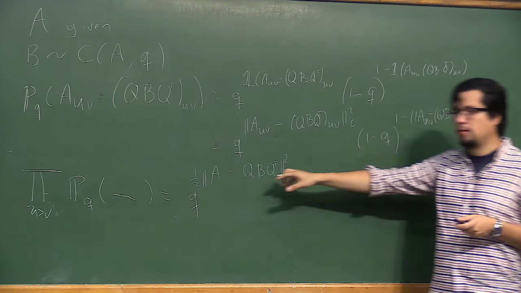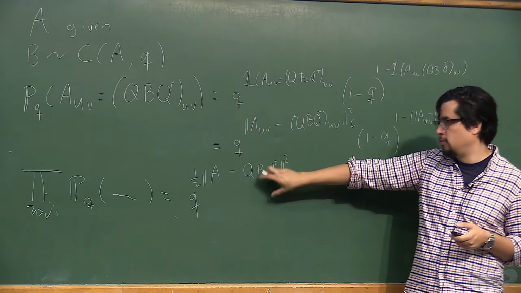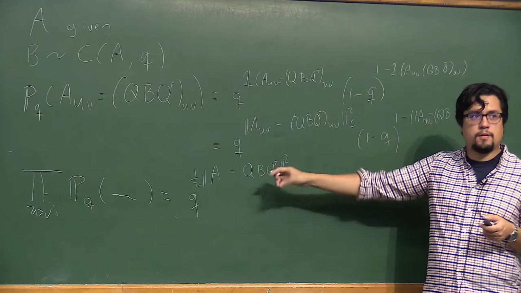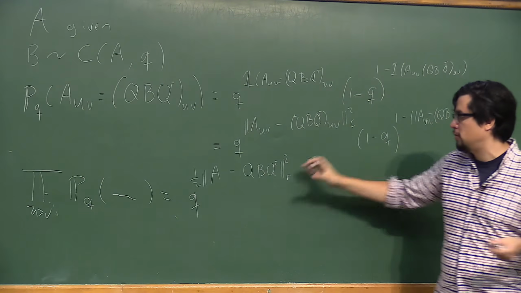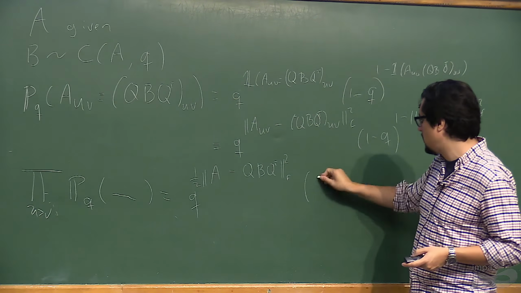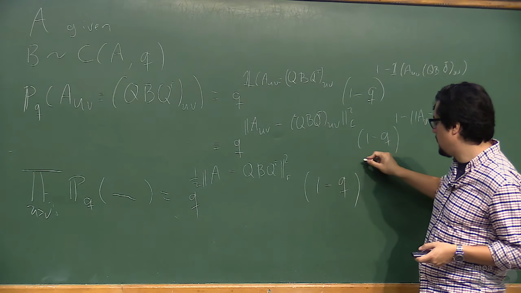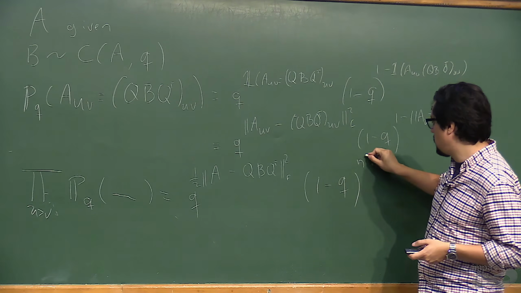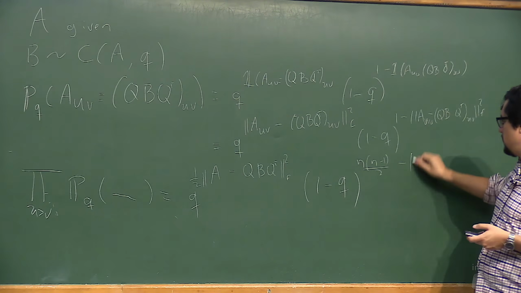So this is counting the number of differences that I have between A and the shuffled version of B, right? We can write this as an indicator, but I'm going to be using this Frobenius norm notation, and 1 minus Q to the n times n minus 1 over 2, minus this Frobenius norm.